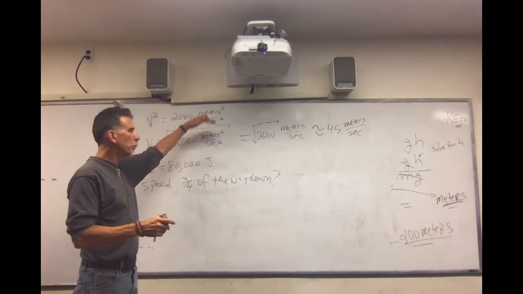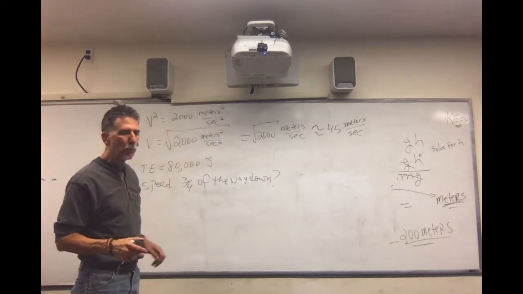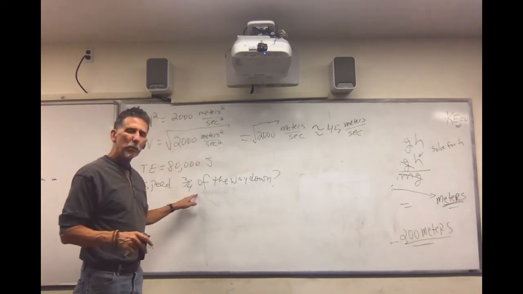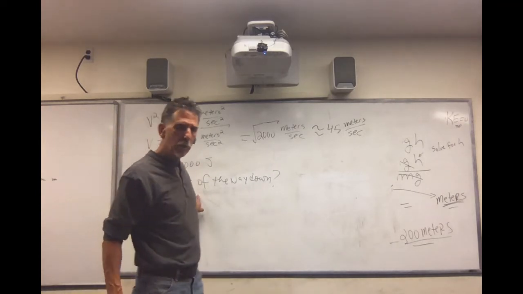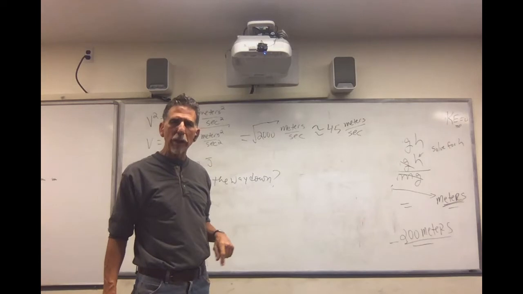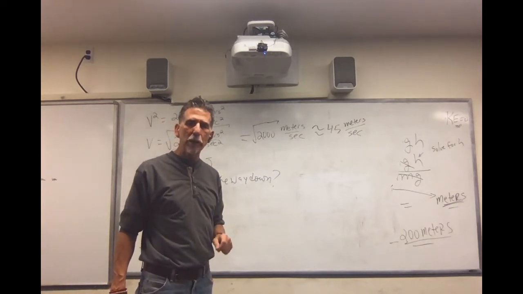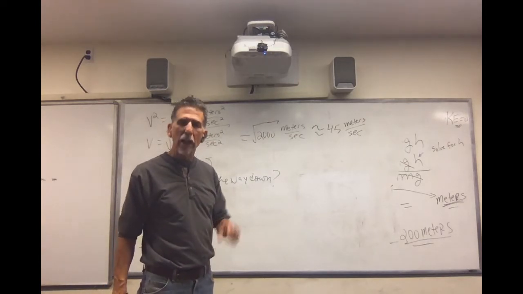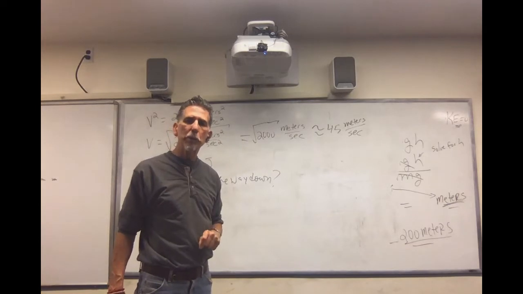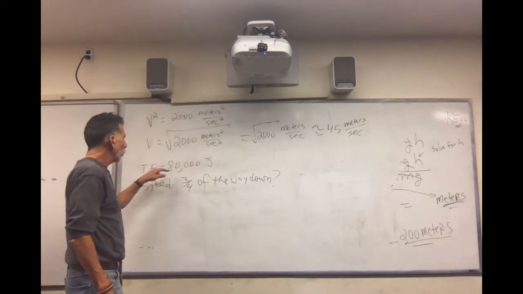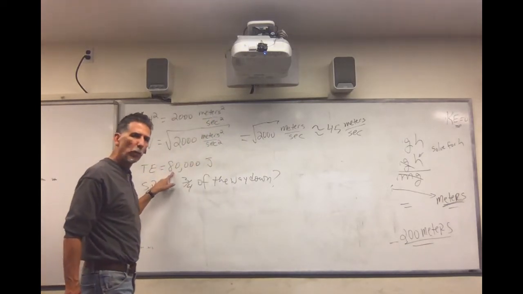So she passed the halfway point. Now she's 3/4 of the way down. I'm not going to do it for you. I'm going to let you figure it out. When she's 3/4 of the way down, 3/4 of her energy is going to be kinetic, and only 1/4 will be potential. Well, 1/4 of this, of course, is 20,000.